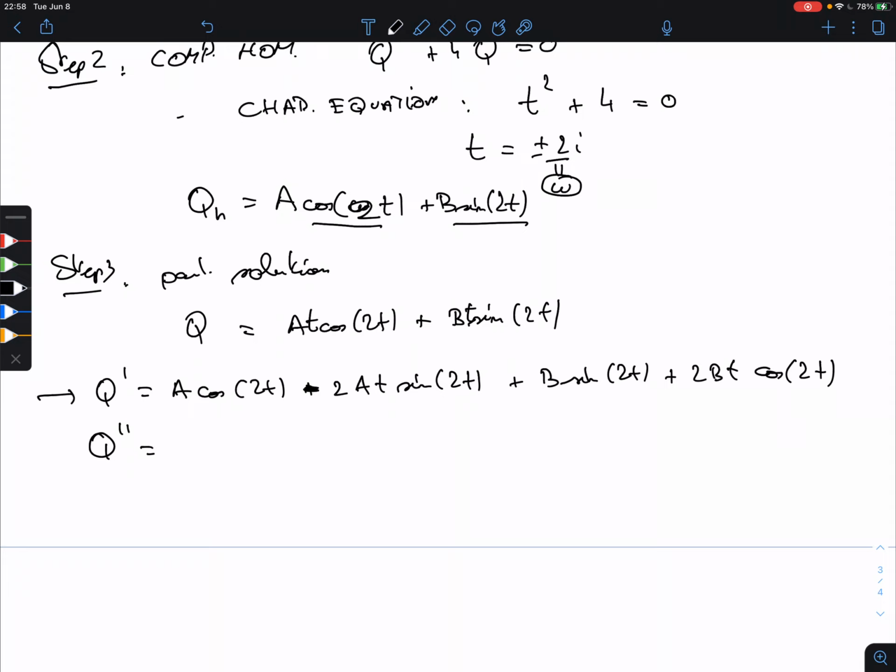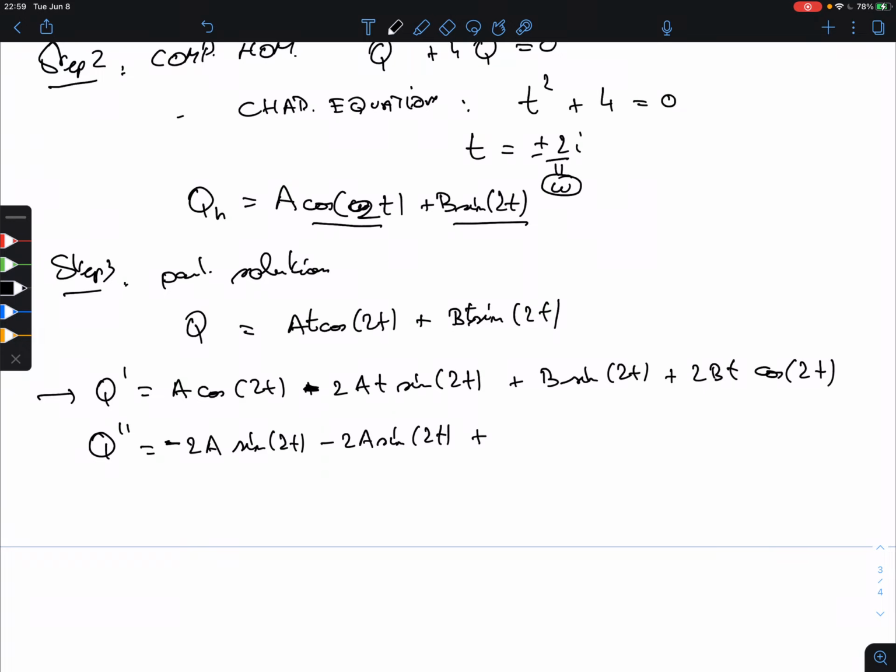Don't forget, we need the current, not the charge. But we still need to take the derivative, so that's a minus, right? Minus 2a sine 2t.